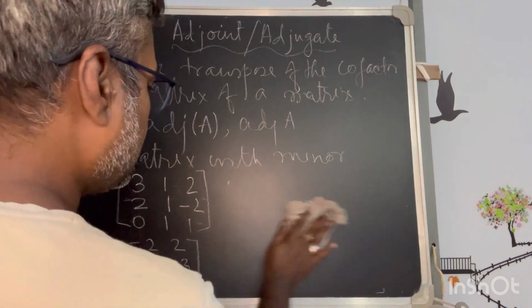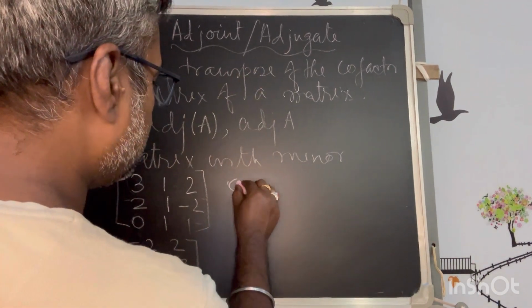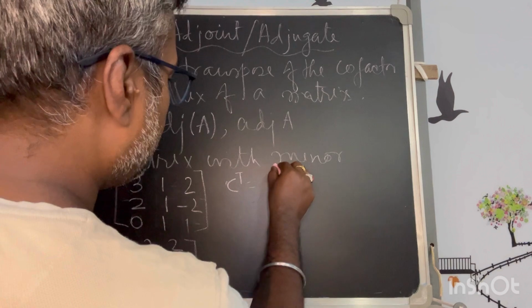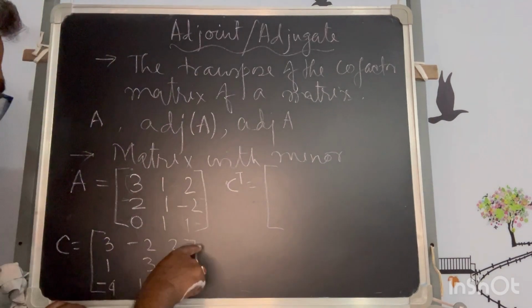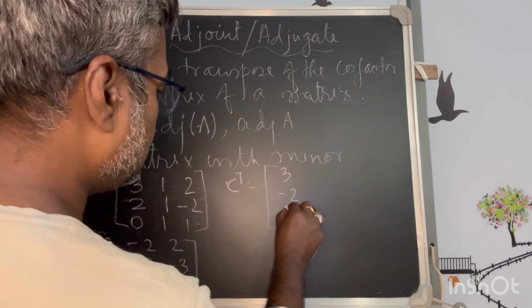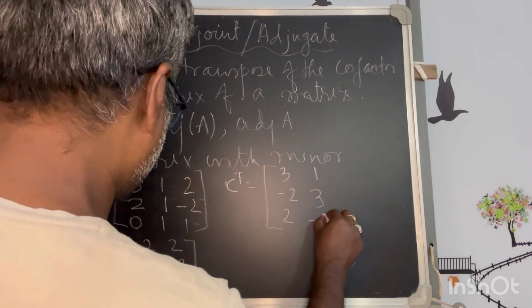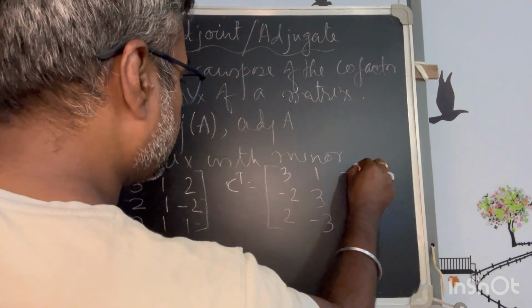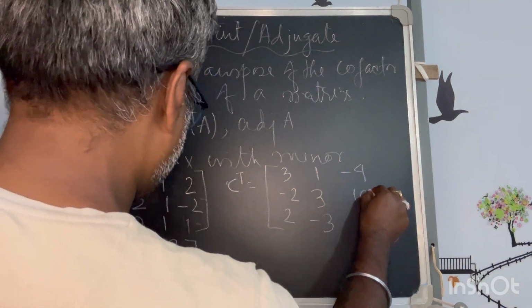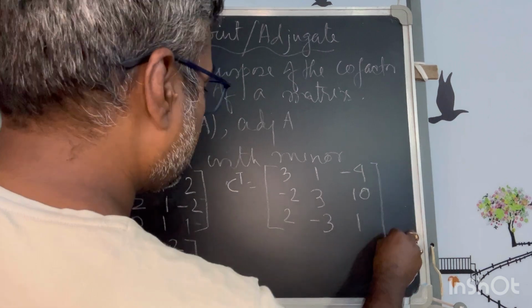Now I have to find the transpose. So the transpose of C, if I write C transpose, what are the changes? Only the rows become columns. So 3, minus 2, 2; 1, 3, minus 3; and minus 4, 10, 1. So this will become the adjoint.